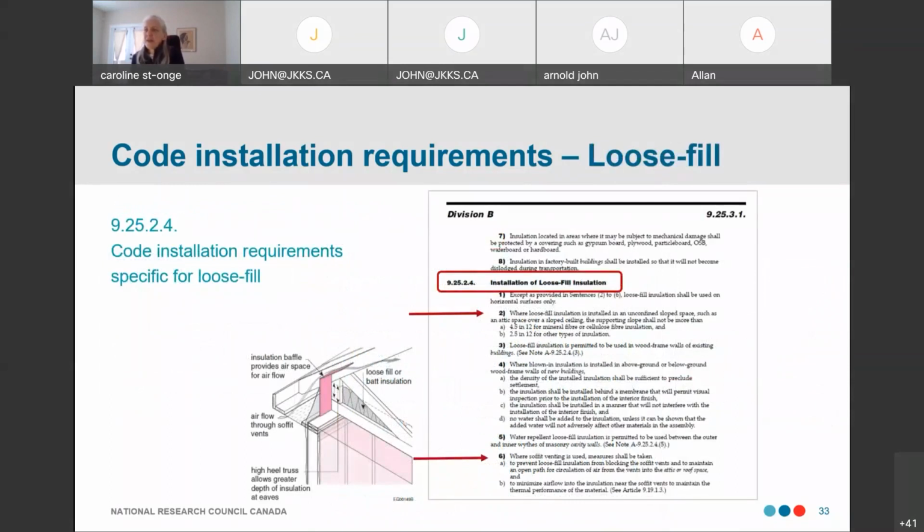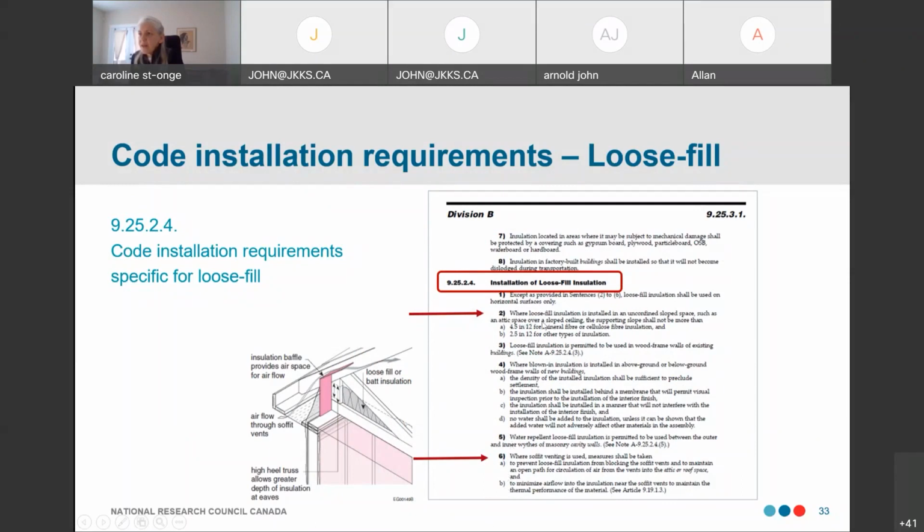There are in the code as well specific requirements for loose fill insulation. These are under Article 9.25.2.4. And there are 6 sentences related to the installation of loose fill. I will just highlight numbers 2 and 6.